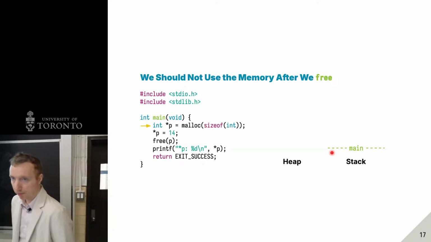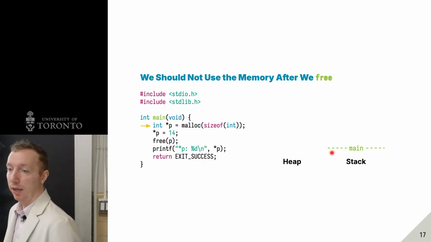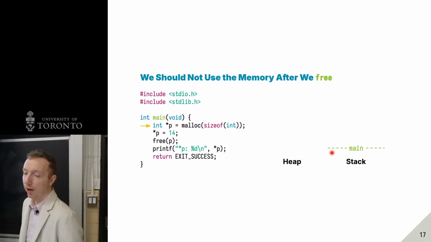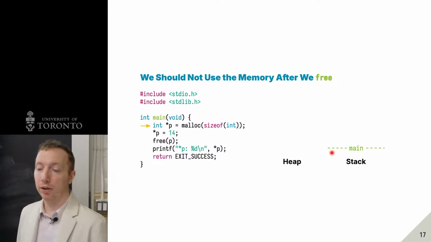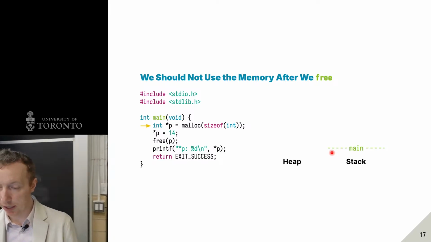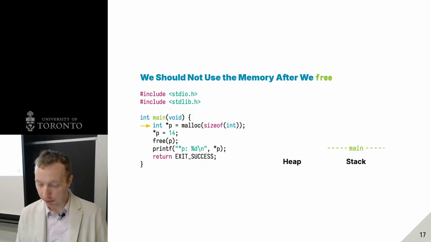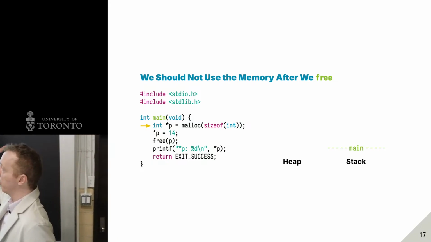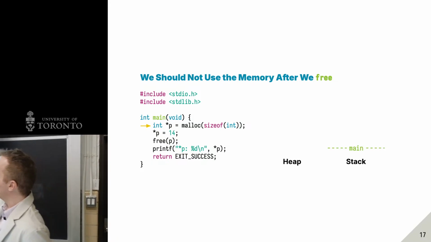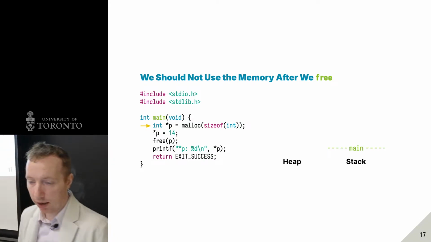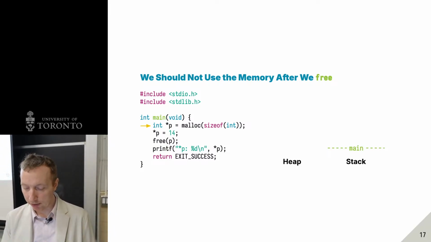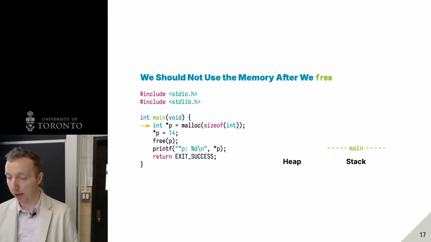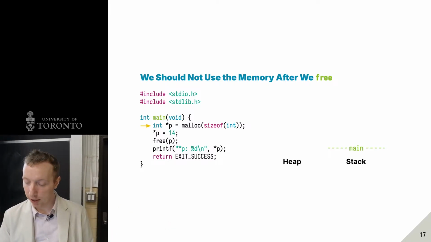So, a problem you have if you are using dynamic memory is that you should not use the memory after we free it. If I have something like this, where I malloc space for an int, and then I cast that pointer to an int pointer called p, so I know it's valid and has enough room to store it.